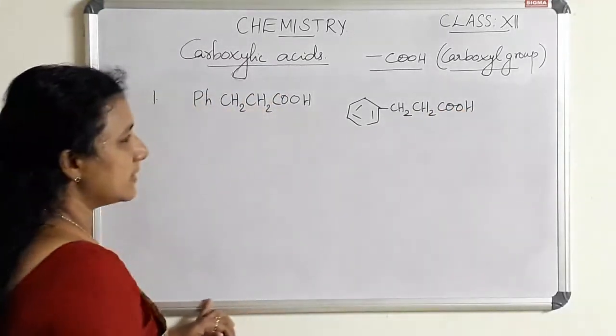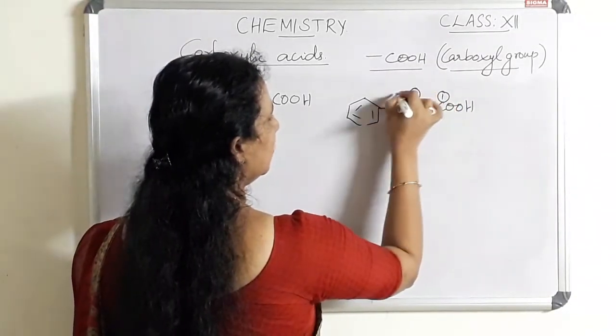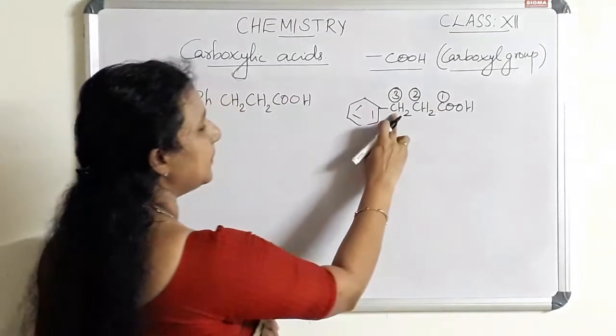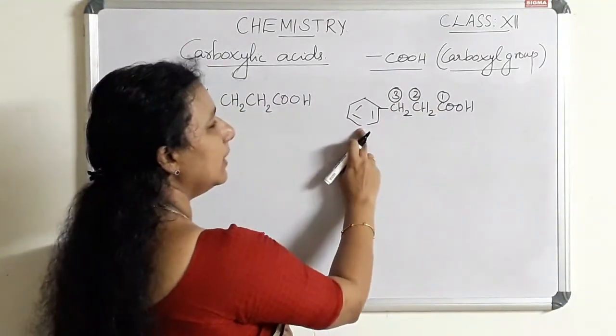Here, this is the first carbon, then 1, 2 and 3. So the acid has a phenyl group at the third position.